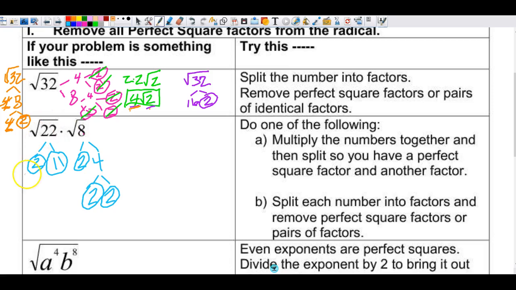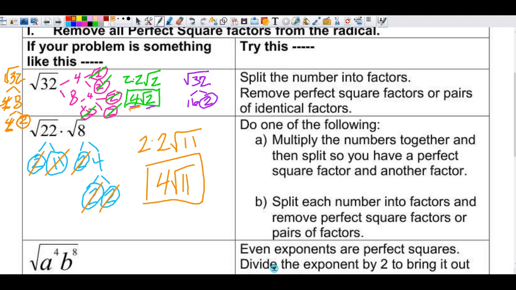So since they're going to be multiplied together, I just use all the little ends of my branches together to get the things that I need out of it. So I'm going to have this 2 compare up with this 2. It's okay that they're not next to each other. Comes out as a regular 2. These 2's also come out as a regular 2. This guy doesn't have a pair, so he stays underneath. And that's going to give me 11 there. So I get 2 times 2 is 4, and I get 4 square root of 11.